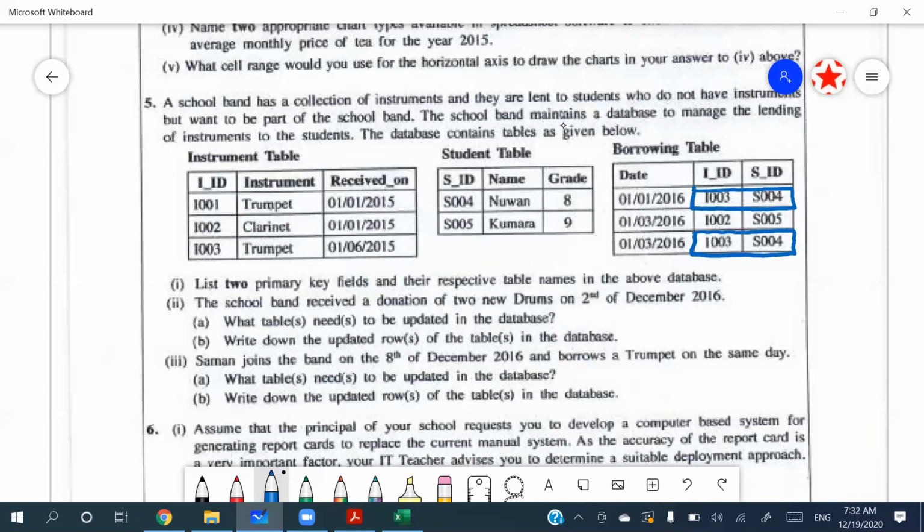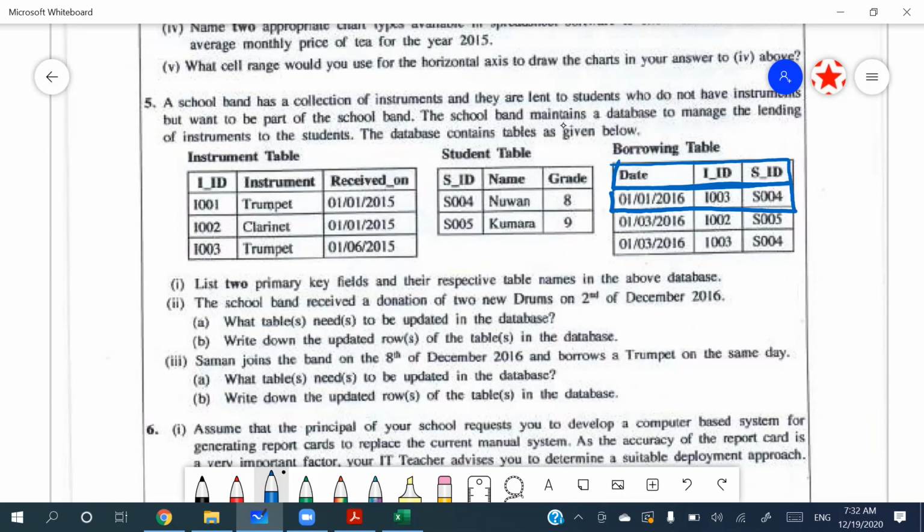Because a table must have a primary key. The only option that we can have is that the entire record can be taken as a primary key. That means date, IID, SID, everything should be taken as a primary key, right?